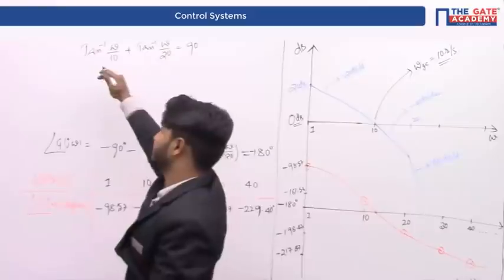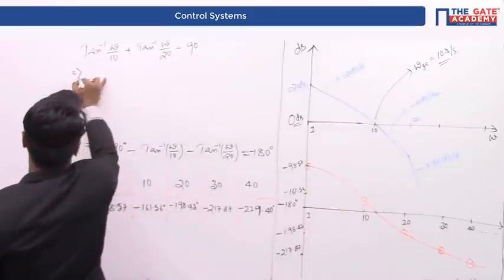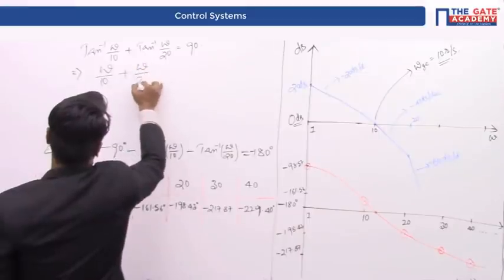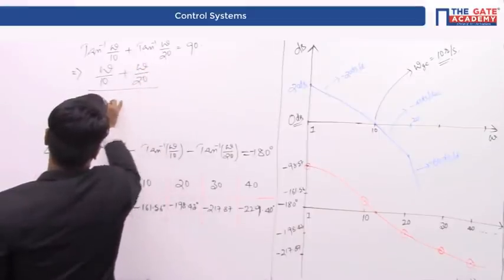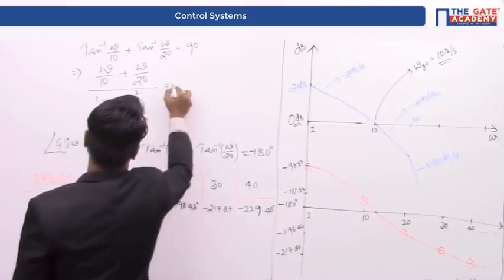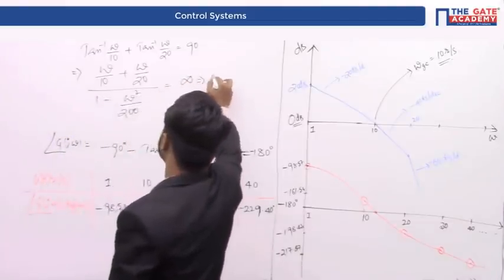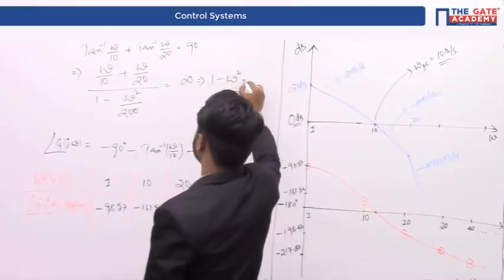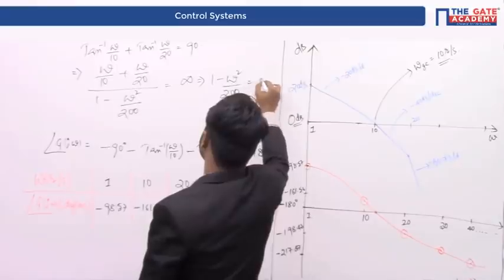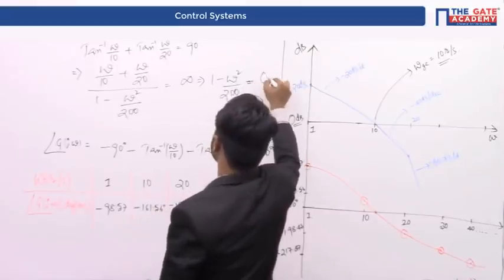Apply tan on both sides. That implies (omega by 10 plus omega by 20) by (1 minus omega square by 200) is equal to infinity. If this is infinity, which means the denominator is 0. That implies 1 minus omega square by 200 is equal to 0.